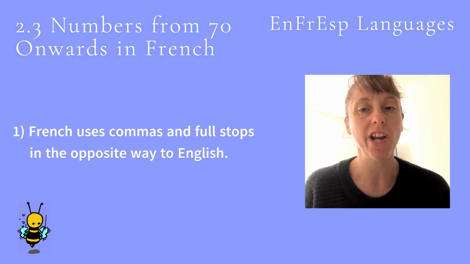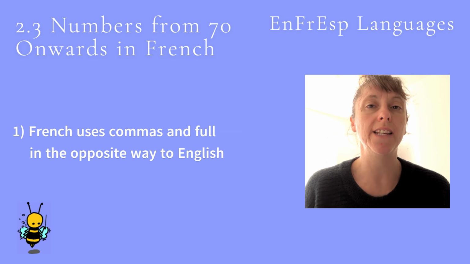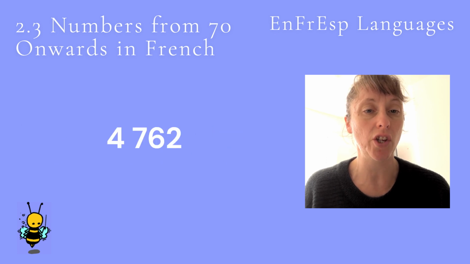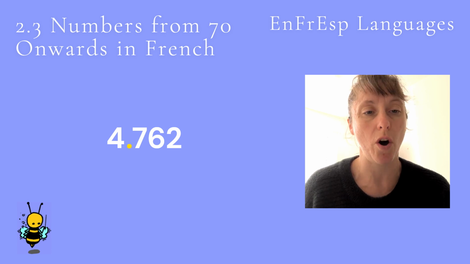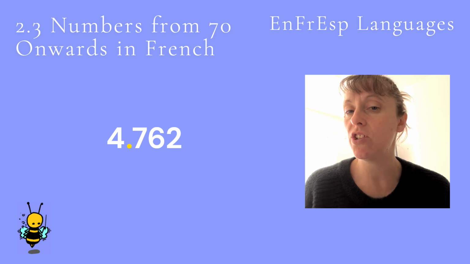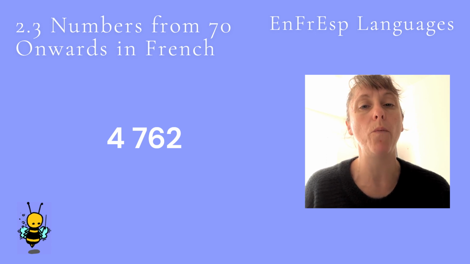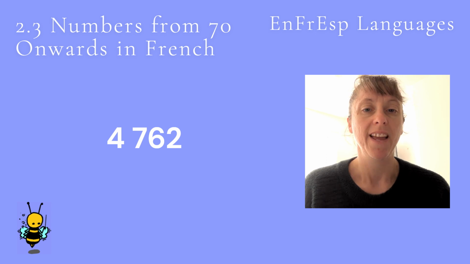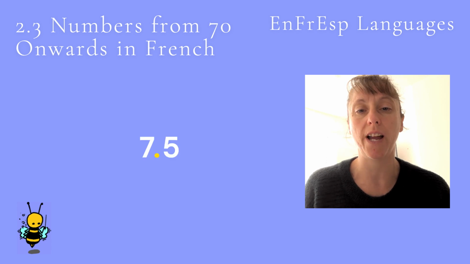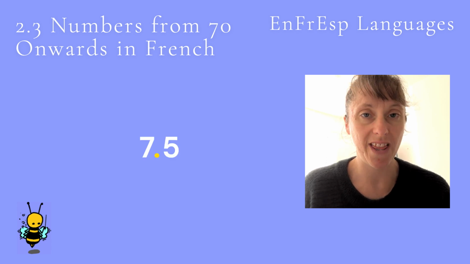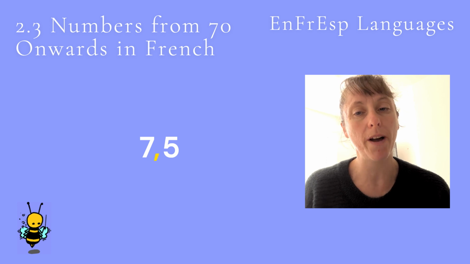So in English, to write 4,762, we place a comma after the 4, but in French, they would place a full stop after the 4. Otherwise, they might just leave a space between where we would put the comma. And to write 7.5 in English, we would write 7.5, but in French, they write 7,5.